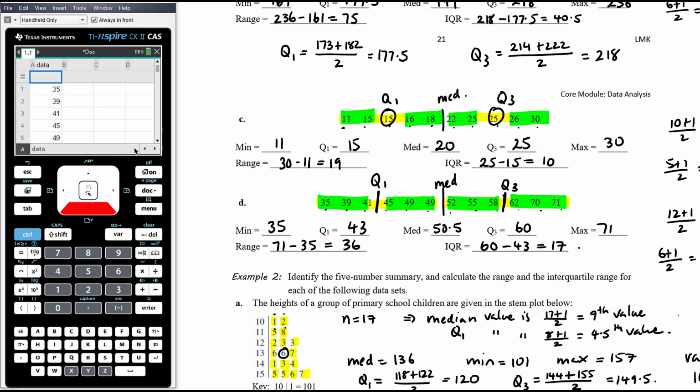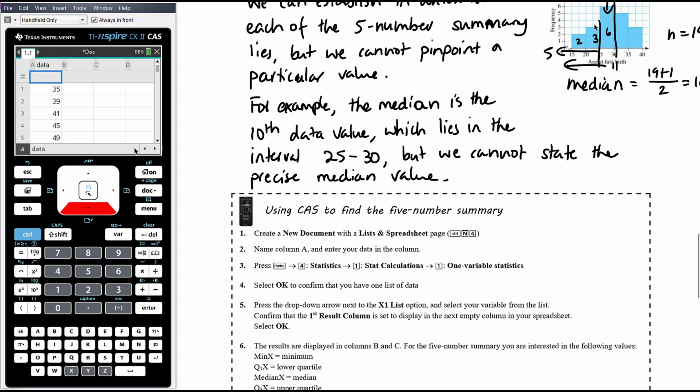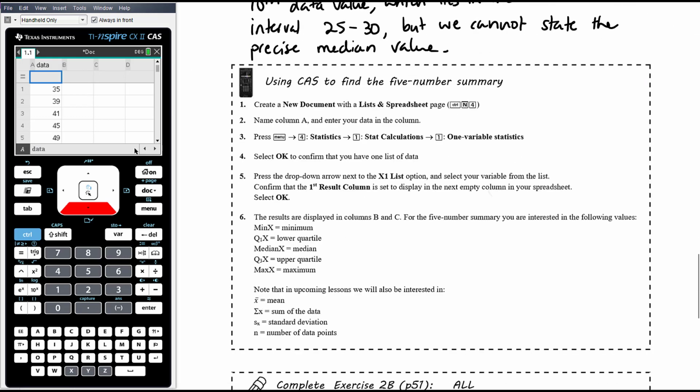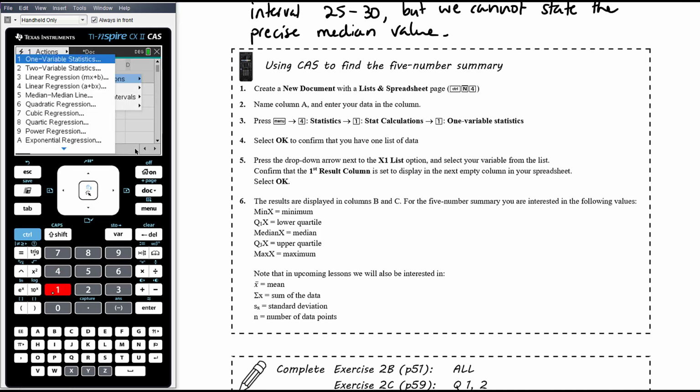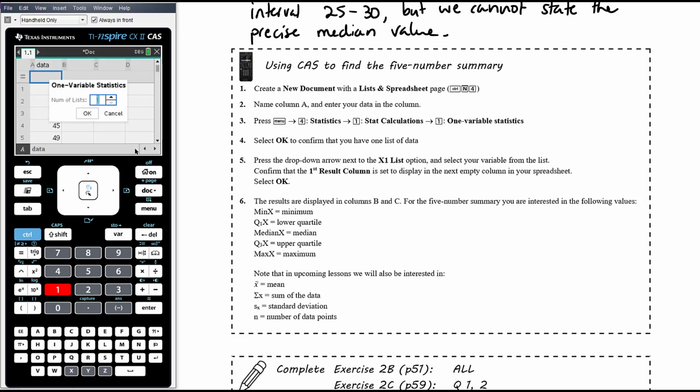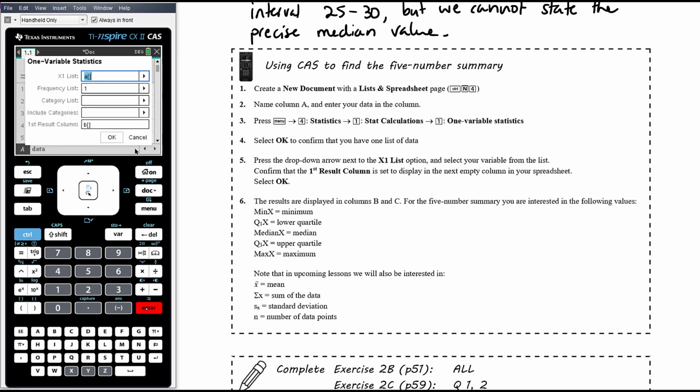Okay, so once the data's entered, let's go back to the instructions. So you enter your list. Then we're going to press Menu, 4 for statistics, 1 for stat calculations, and 1 for one variable statistics. We only have one variable, one column of data. Okay, the number of lists is 1. And then we want to specify our list.